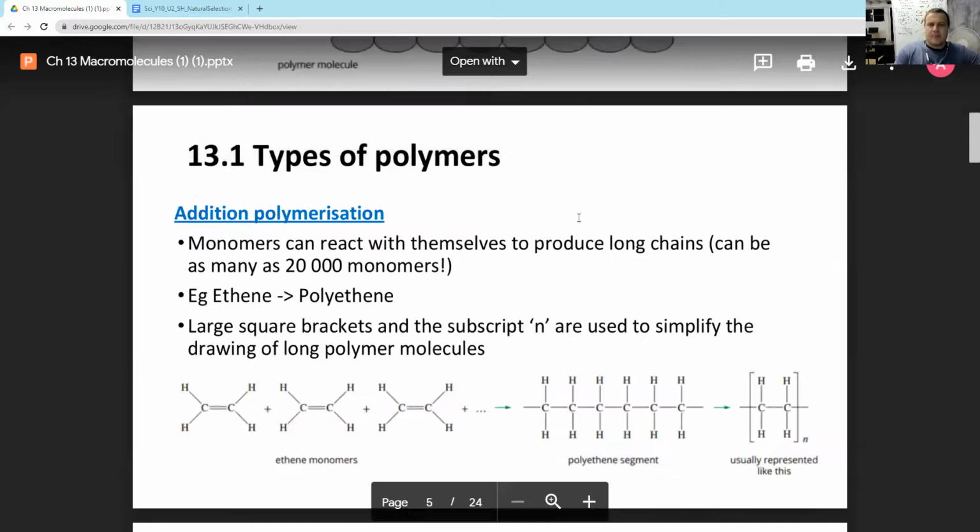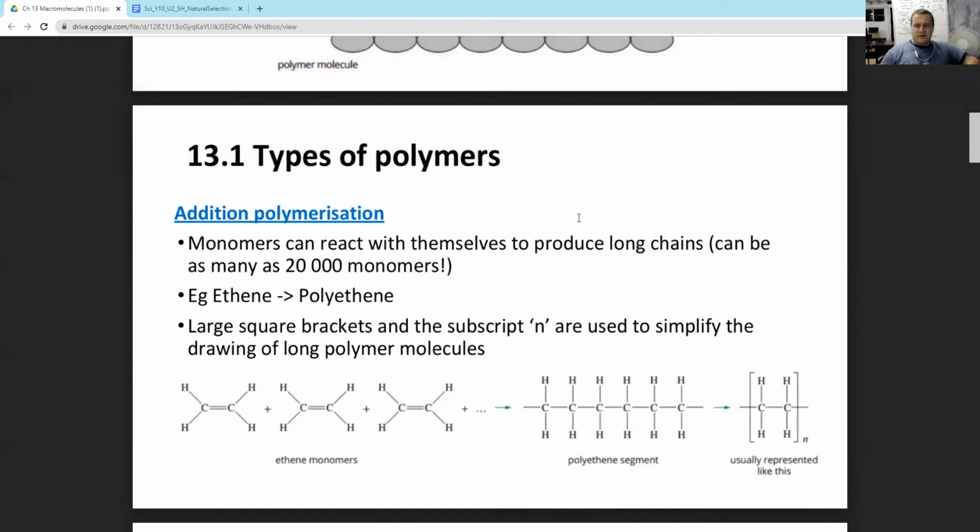So we have this process called addition polymerization. We can have up to 20,000 monomers and effectively a never-ending number. So we can go from ethene to polyethylene.